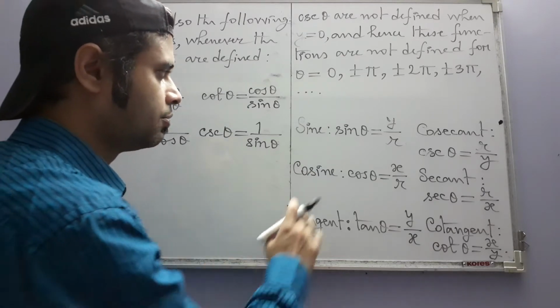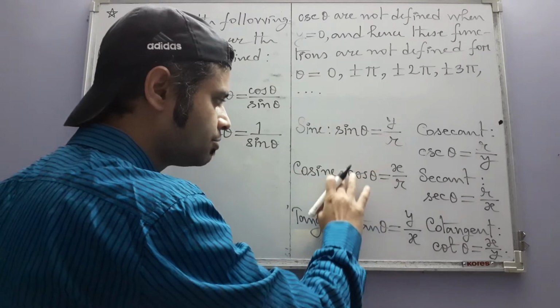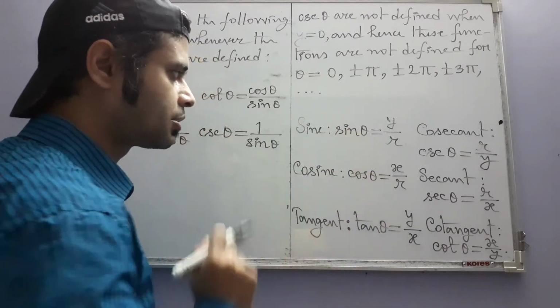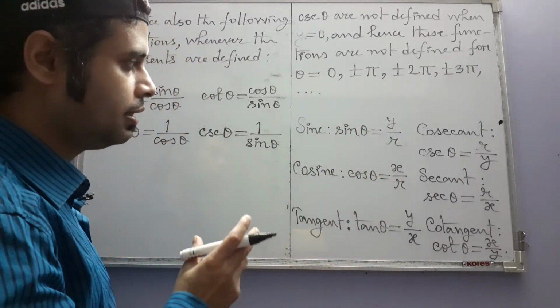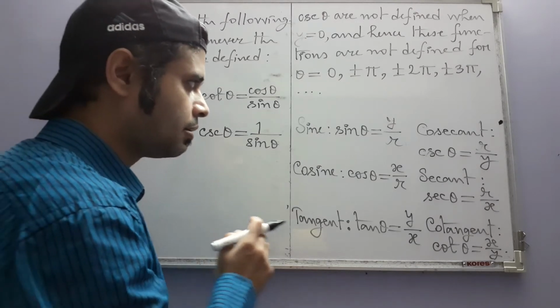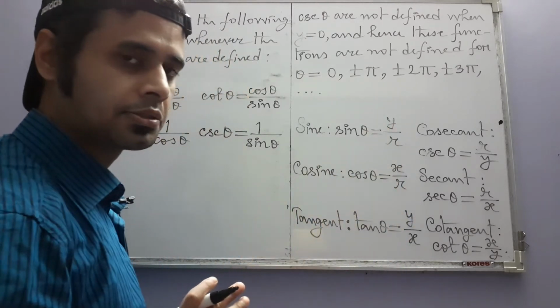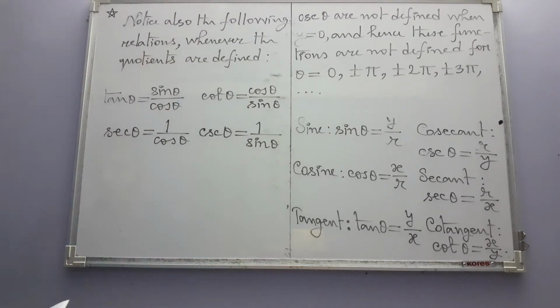Suppose somehow one knows the values of these trigonometric functions for some particular angle. Then in terms of these values we can express the coordinates. Okay, so that is the next thing.